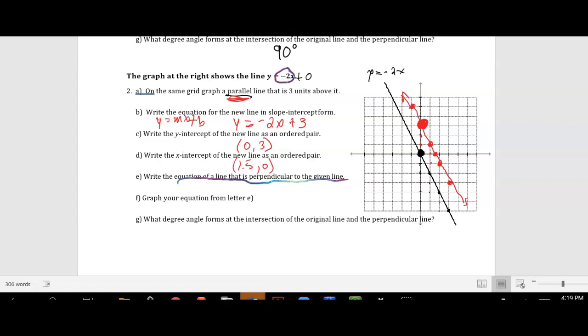So my perpendicular slope would have to be positive. It's got to be the opposite sign, and it needs to be the reciprocal. So there's your opposite sign. And then the reciprocal of 2, right now it's 2 over 1. We flip those, it would be 1 over 2.